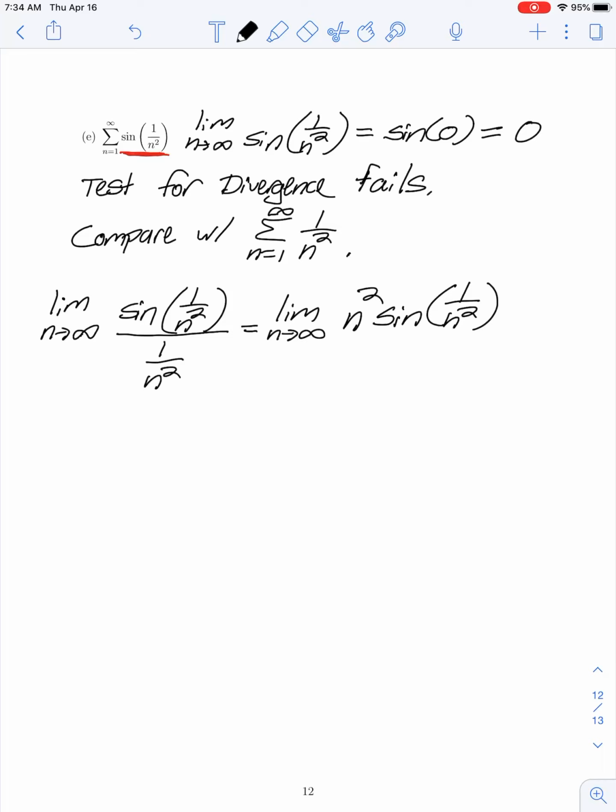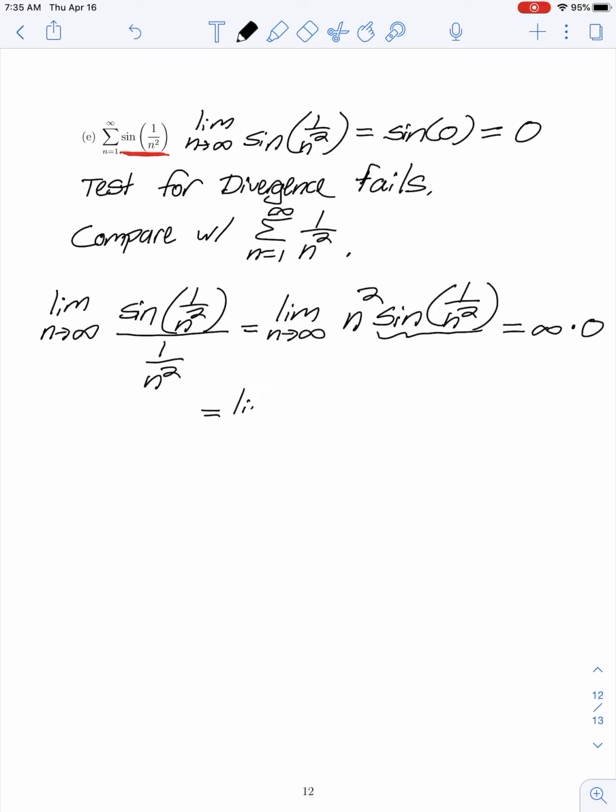So here we have another form for an indeterminate limit. This first term in our product, n squared, as n approaches infinity, is becoming infinitely large. And we said that as n approaches infinity, this second term, sine of 1 over n squared, is approaching 0. So this is an indeterminate form. To handle this, we want to try to make use of L'Hopital's rule. But to use L'Hopital's rule, we have to have something of the form 0 over 0 or infinity over infinity.